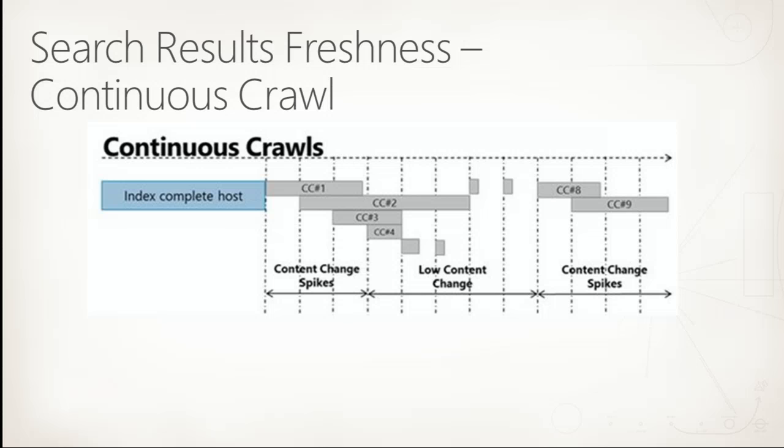So if one started and it's still working on the content processing, and the next one wants to get started, it can, and the next one, and the next one, and the next one. So you can pick up the changes on more than one thread at the same time.